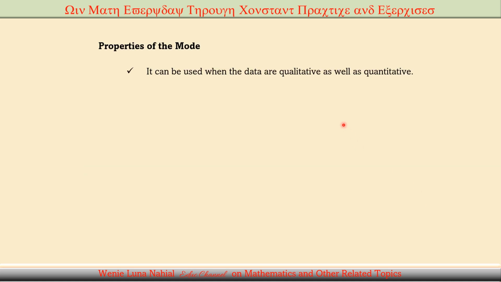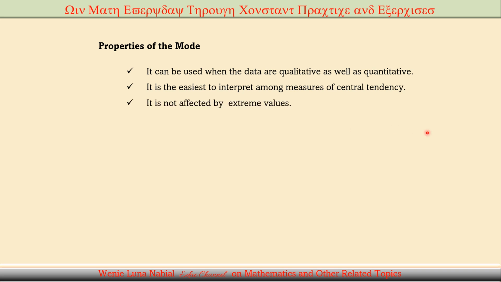In the properties of the mode, it can be used when the data are qualitative as well as quantitative. Take note, mode can be used in qualitative and quantitative data. It is the easiest to interpret among measures of central tendency.